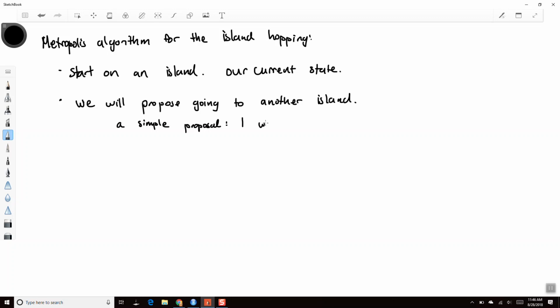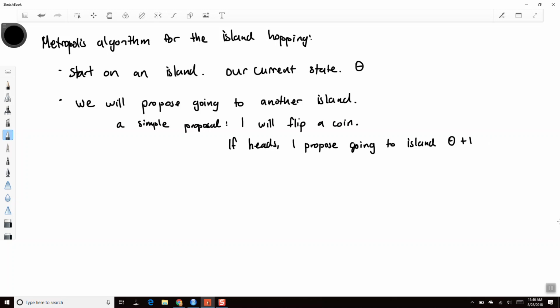I will flip a coin. Okay, if heads, so we'll say our current state is theta, I propose going to island theta plus 1. Okay, so if I'm at island 3 and I flip heads, I'll propose going to island 4.